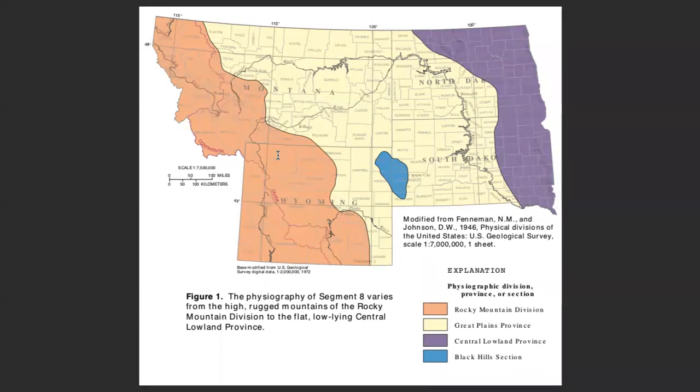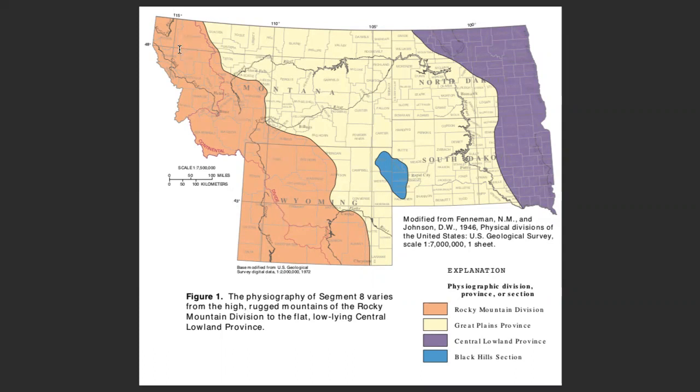And these are broad divisions of America, and they're put into these provinces of different groundwater resource type.